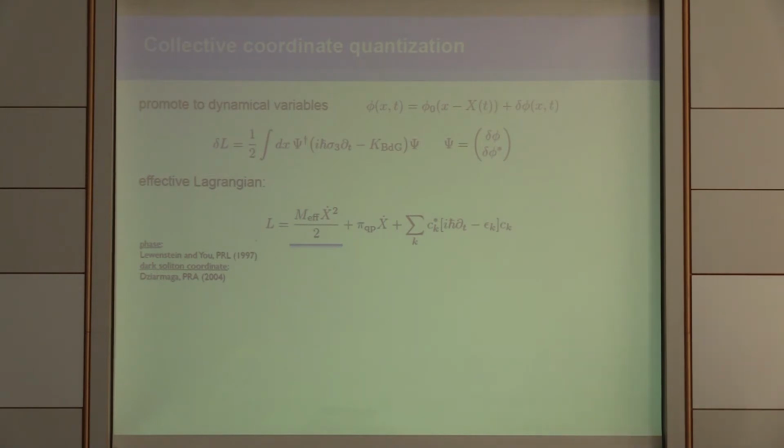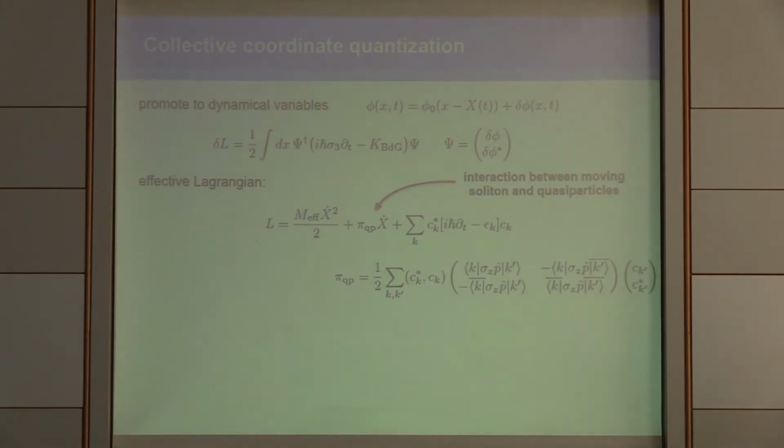If we, however, take this into account, then this time derivative will act on this and allows us to couple the soliton velocity to Bogoliubov quasi-particles. So beyond leading order, we obtain a term that looks like this, which introduces a coupling between the soliton velocity and the Bogoliubov excitations. This is the nice thing about this theory. Since it's integrable, we can just compute all these coefficients analytically, which I will not present here.